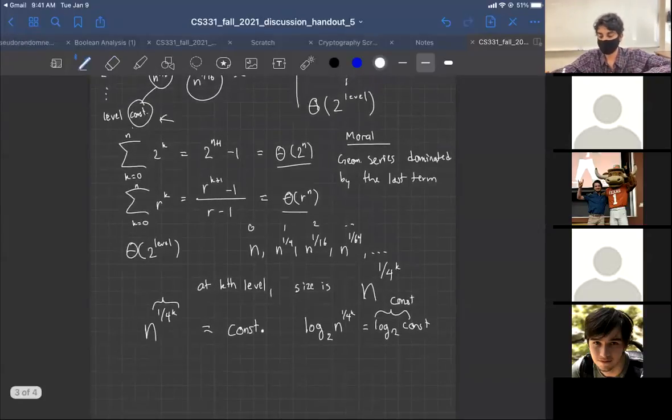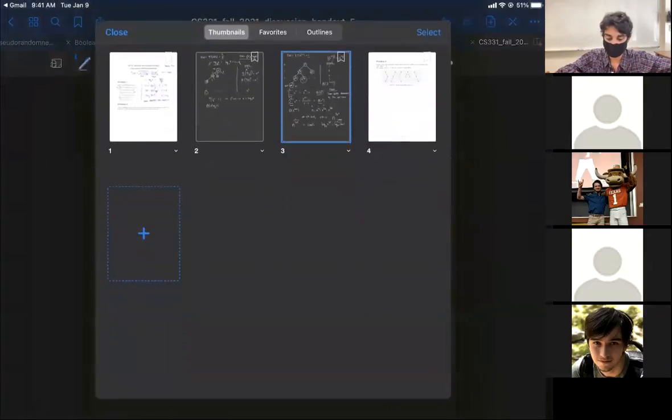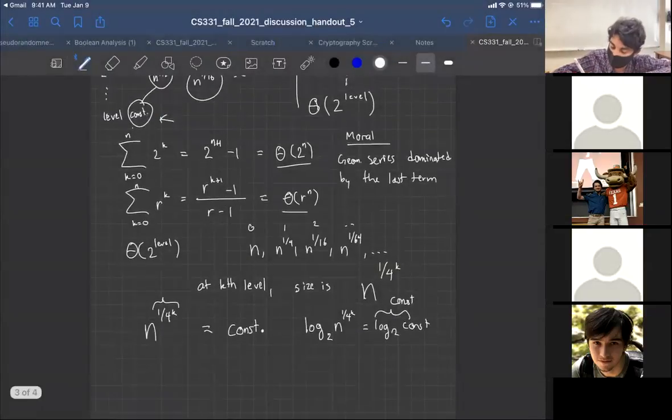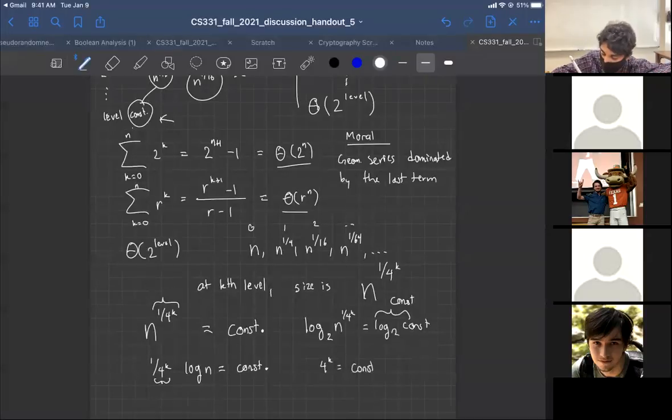Now log of n to any power, you bring the power outside the log. 1/4 to the k times log of n is equal to some constant. So now we solve for k.